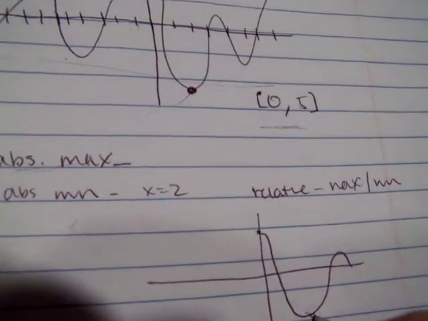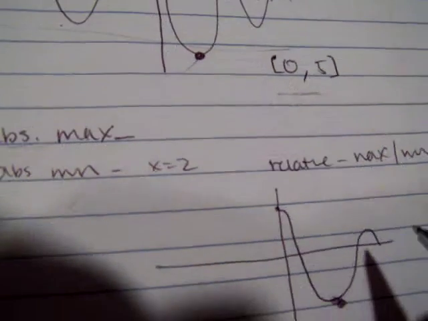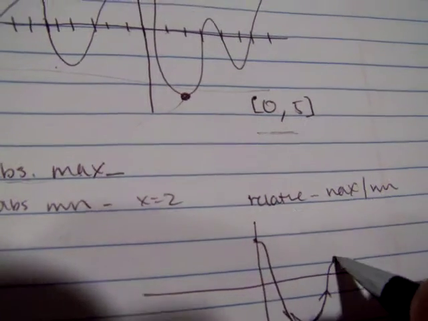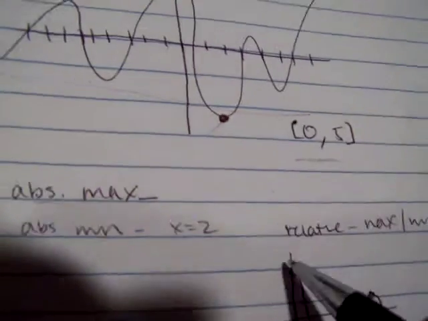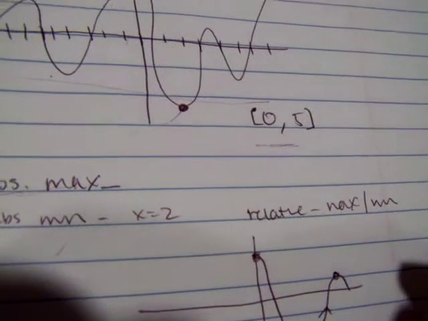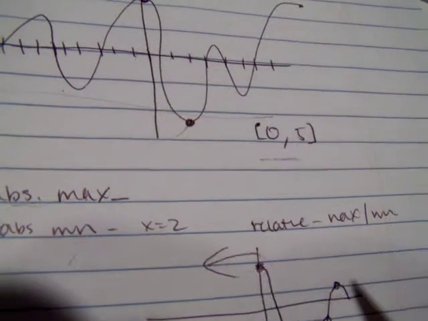Okay, so right here would be a relative min, which is also an absolute min, because there's a change in direction right here, and right here as well, because there's also a change in direction. This, however, which is the absolute max, does not count as a relative max, because there is no change in direction, because to the left there is nothing.